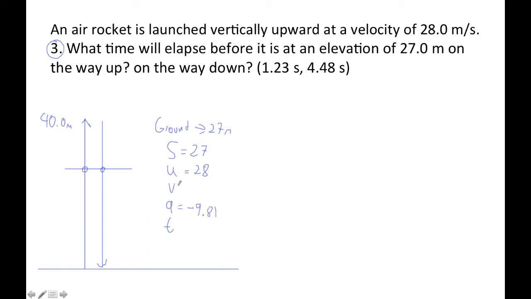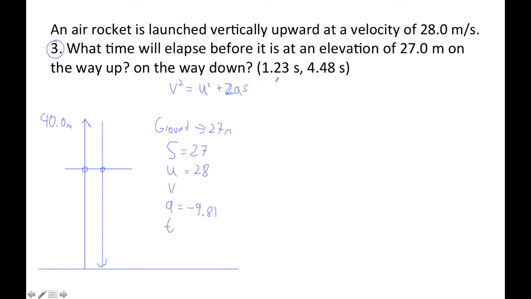right? And now what I'm going to do is, instead of setting up the quadratic equation with s equals ut plus 1/2 at squared, I'm just going to solve for that final velocity. Okay, I'm going to use v squared equals u squared plus 2as. Okay, that's a 2 actually, okay?